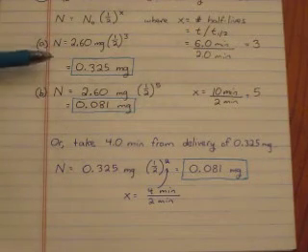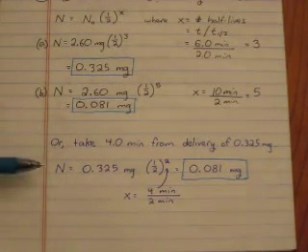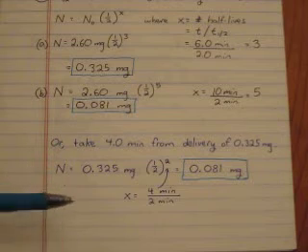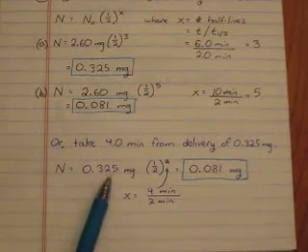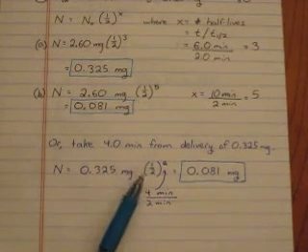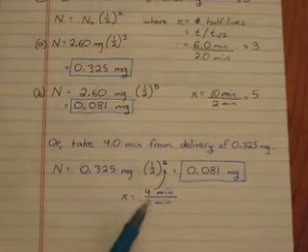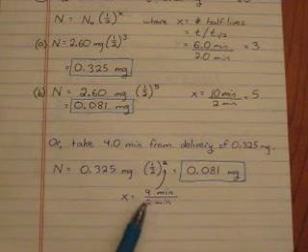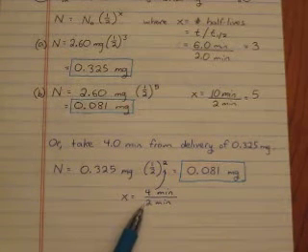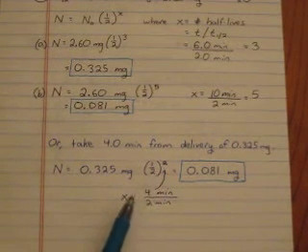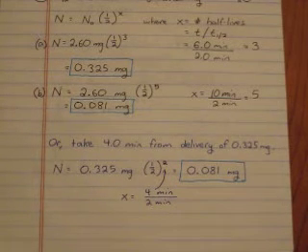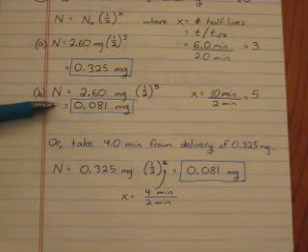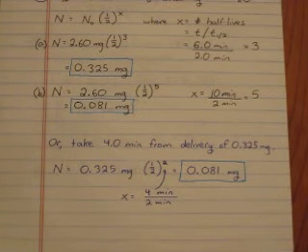That's the answer we got in part A. So N equals the initial amount, and initial now is how much was delivered, 0.325 milligrams, times 1/2 to the, and remember it's been 4 minutes, so 4 minutes divided by a half-life of 2 minutes means that 2 half-lives have gone by, and you get 0.081 milligrams. So it's the same as we get here. Either solution works.